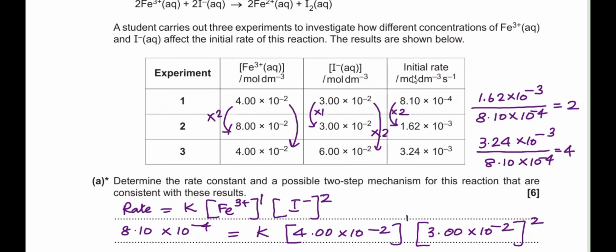The unit for the initial rate is moles per dm cubed per second. So let's put that in the numerator.